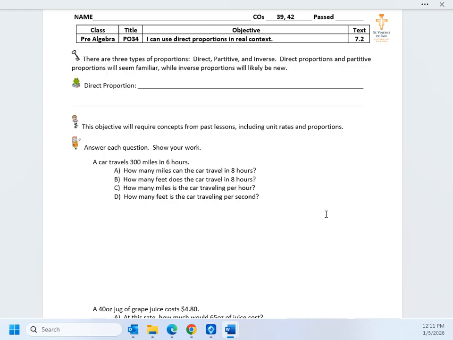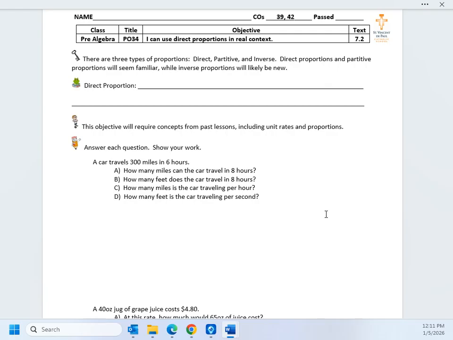Okay? So there are three types of proportions: direct, partitive, and inverse. The easiest one is the direct ones that we are doing today. These ones we're going to read the problem and go, oh, this makes sense. I get how to do this, because it ties in with what we have learned in the past. Then we're going to be getting into more challenging ones where we go, ooh, this is totally new and different.